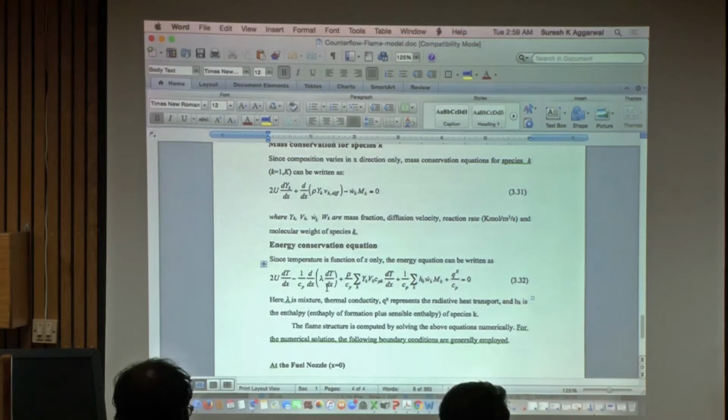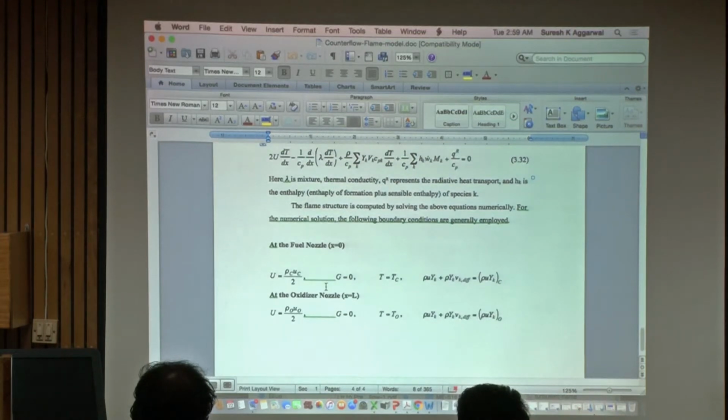So Chemkin or other software, they solve these one-dimensional equations. Okay. But you can use detailed chemistry now. You can look at whatever properties, the flame structure. You can look at emissions. If you have the NOx chemistry in your model, if you have soot chemistry, you can also include soot.